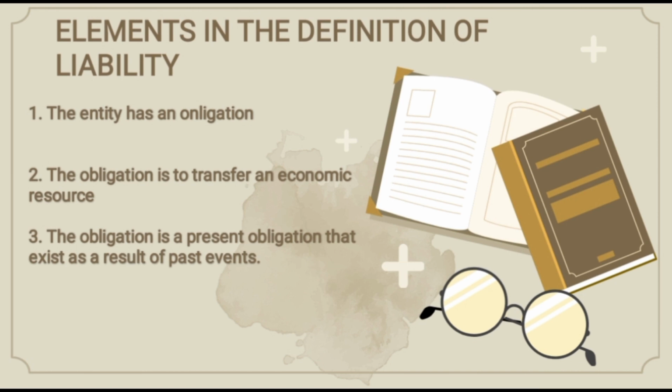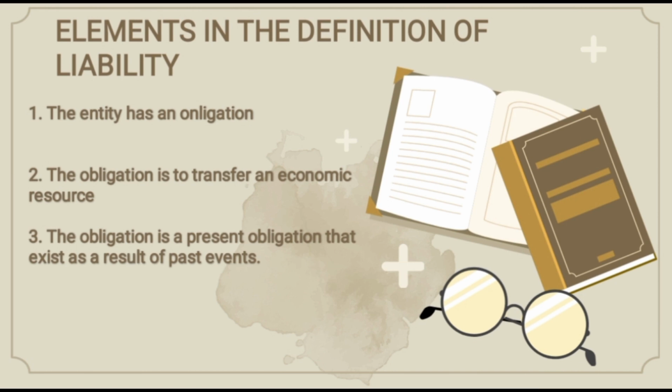Then the second element in the definition of liability is that the obligation is to transfer an economic resource. One thing that should be understood in the transfer of economic resources is that someone will transfer economic resources, that someone has to pay.